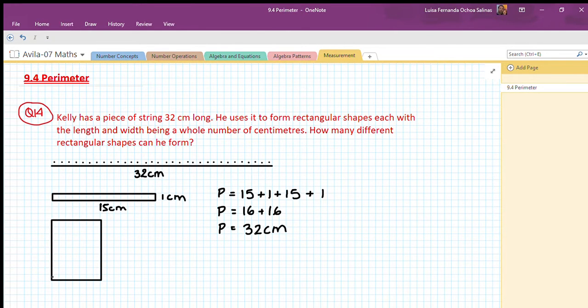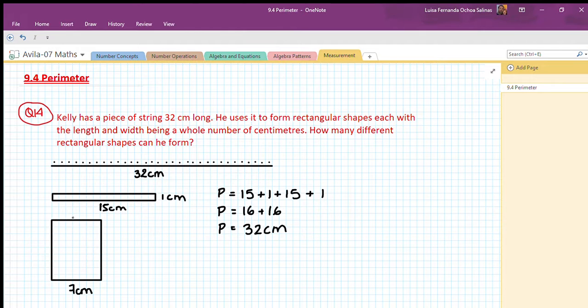Okay, now let's look at this one. Here I have a length of 1, 2, 3, 4, 5, 6, 7 centimeters, and a width of 1, 2, 3, 4, 5, 6, 7, 8, 9 centimeters.